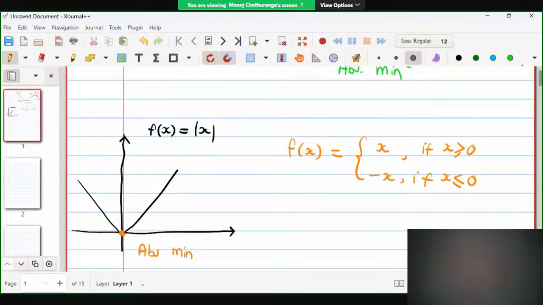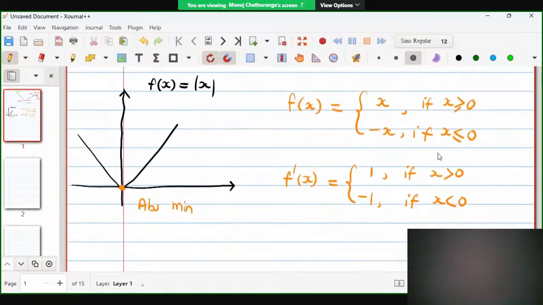The problem regards the derivative. For every positive value, the derivative is 1. For every negative value, the derivative is -1. But at 0, as we approach 0 from the right hand side, the derivative seems +1.